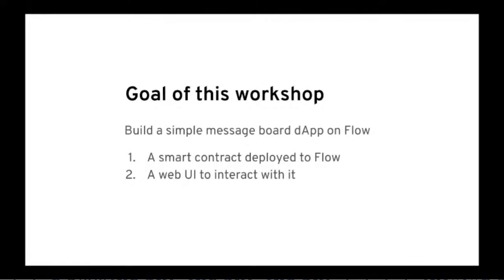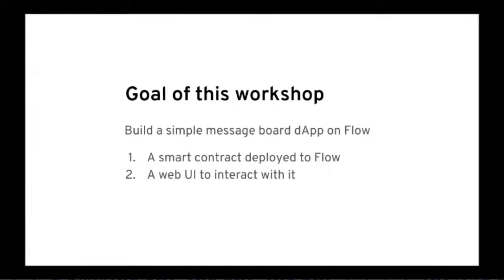The goal of this workshop is to show you how you can build a simple message board dApp on Flow. And that comprises two parts. One part is a smart contract that is running on Flow, and a web UI to interact with the smart contract. Yeah, so this is just a simple message board that people can post messages on and people can see other people's messages. It's very simple.